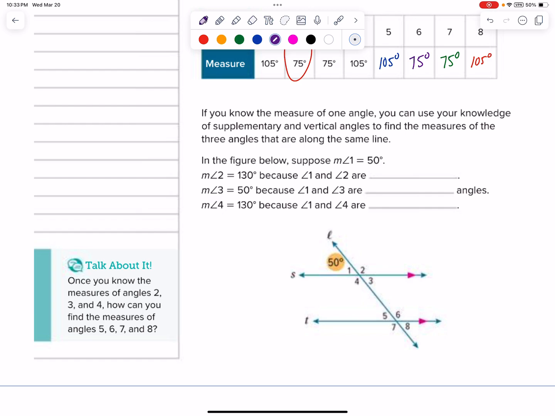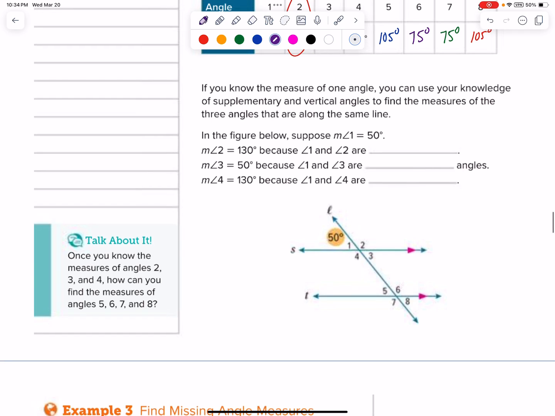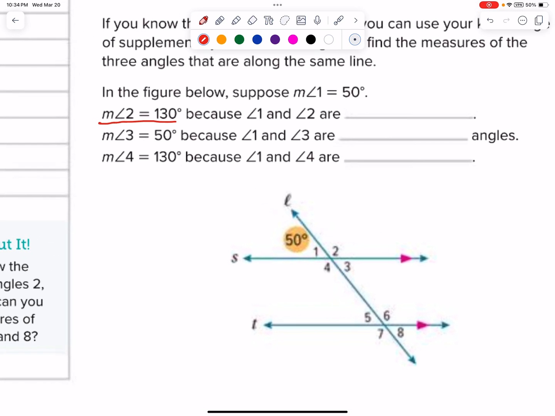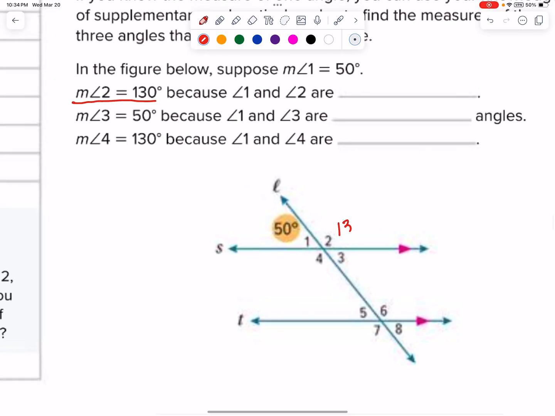Let's go ahead and list some things here. It says, suppose that angle 1 is 50 degrees. How do we know that the measure of angle 2 is 130? How do we know that angle 2 has to be 130?